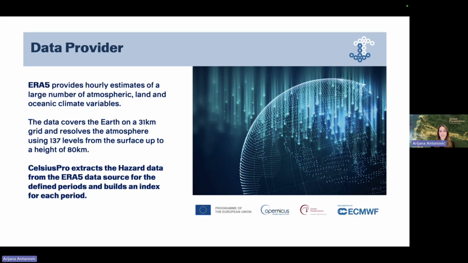It is good to know that as data is evolving, more and more granular data sets are becoming available in the market. So hopefully in the future, we will be able to go even more localized than a 30-kilometer grid cell.